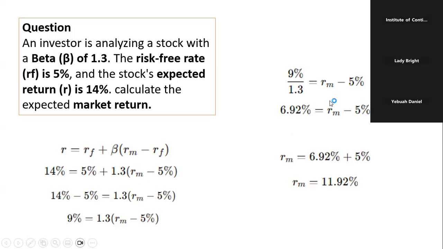However you want to solve it, you want to get rid of everything and have your RM standing alone. So they did a cross multiplication and it gave us 9 over 1.3 equals RM minus 5. The mathematical part is as it is.